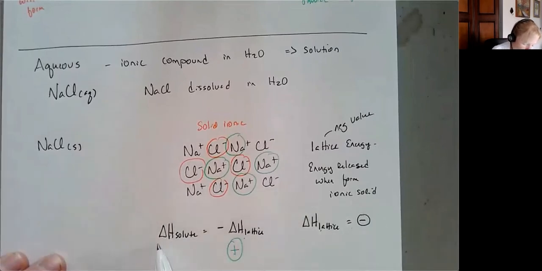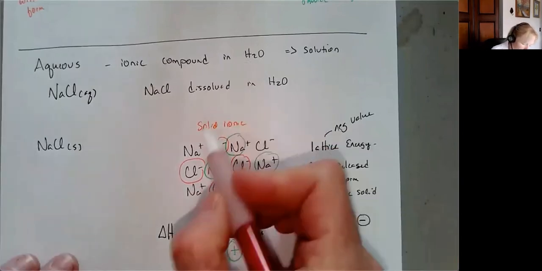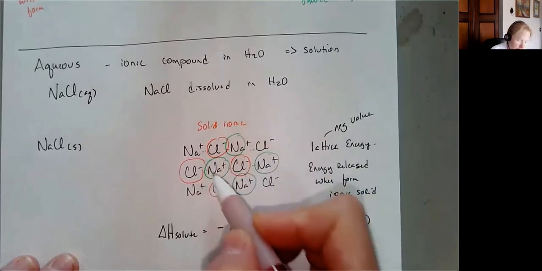So if you pull this into our heat of solution and you want to apply it, I can look up lattice energy values. If I take the negative of that negative, that's going to give me a positive. That's going to be the energy that I have to overcome to take this ionic compound and form a solution with it, because I'm going to have to break apart all these intermolecular forces that are happening here between all these ions, right?